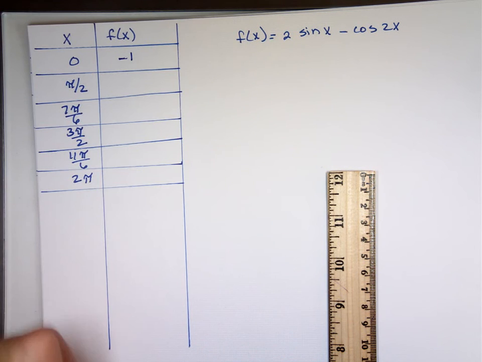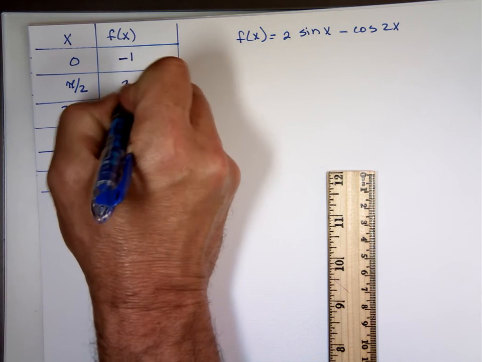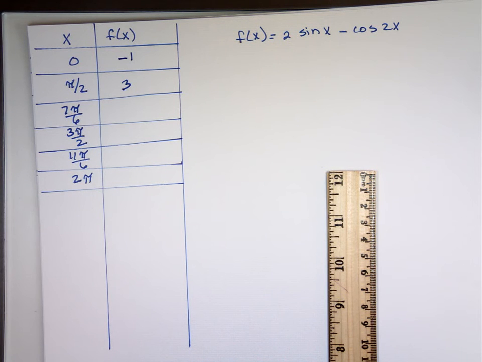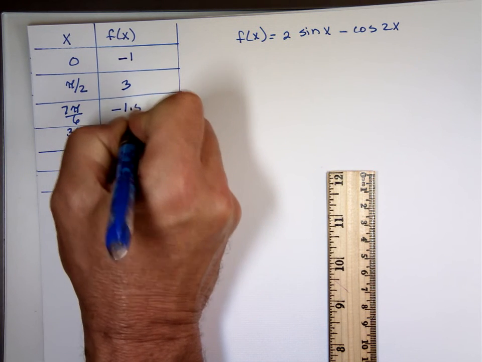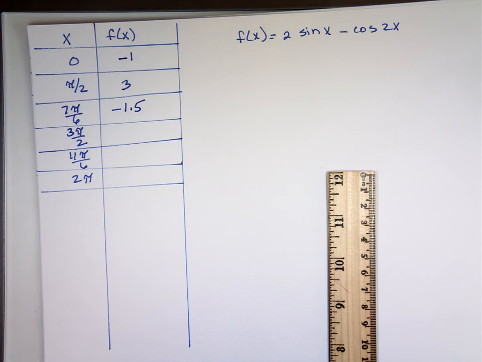Let me try pi divided by 2. I got a 3. 7 pi divided by 6. I got negative 1.5. 3 pi divided by 2.